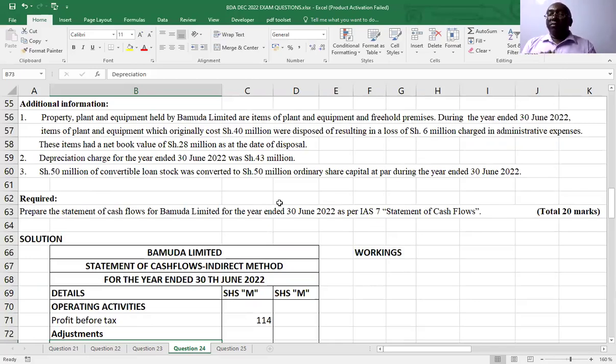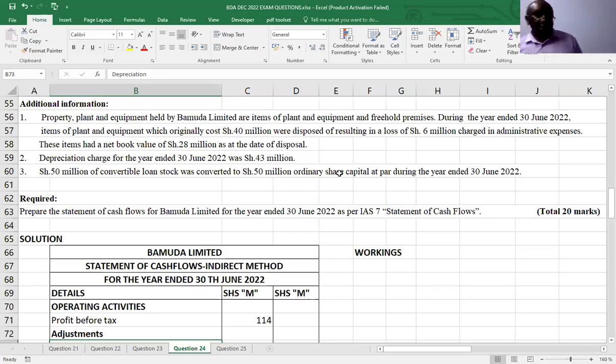And we also remove anything that is non-cash. So the non-cash, mostly it is about the depreciation or the provision for doubtful debts.